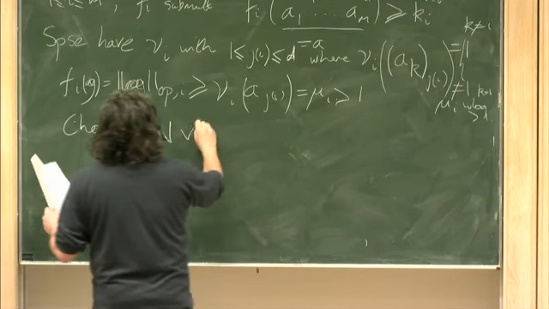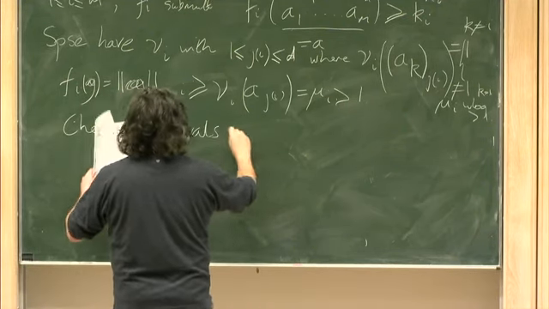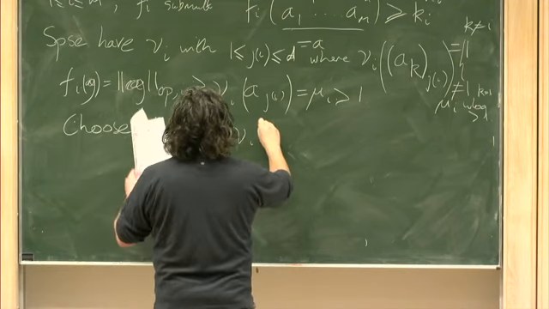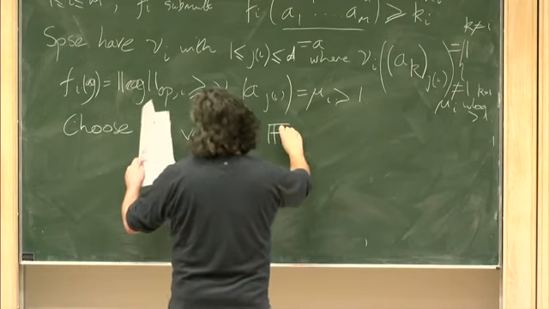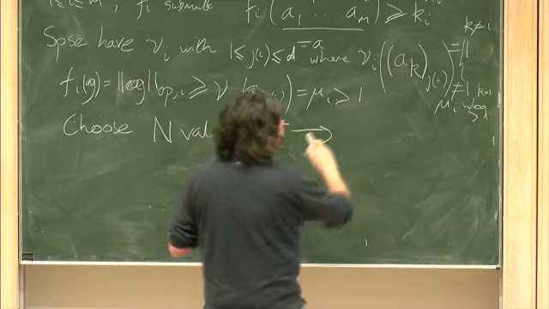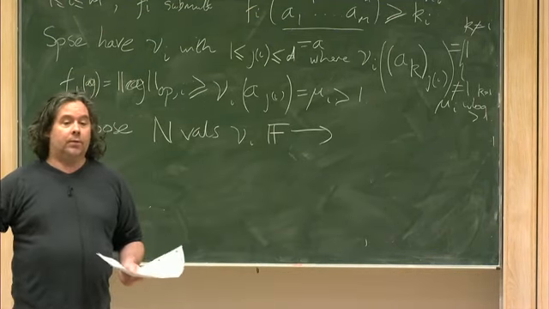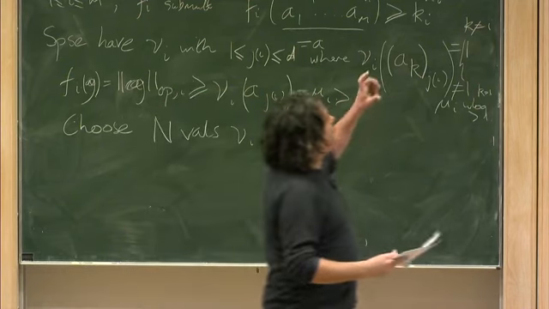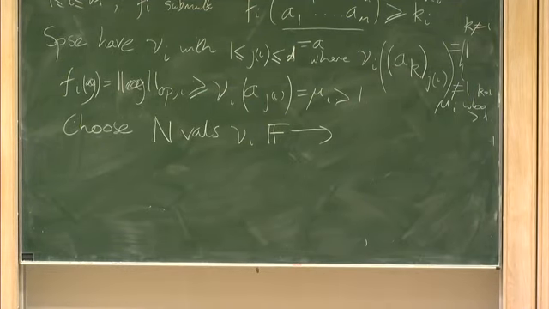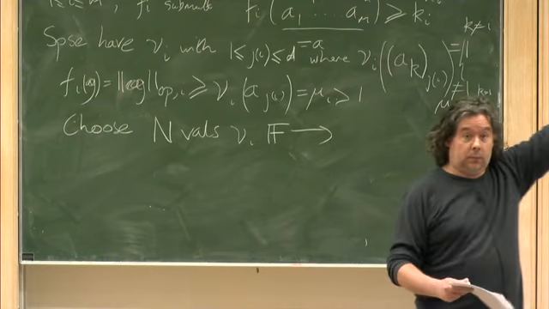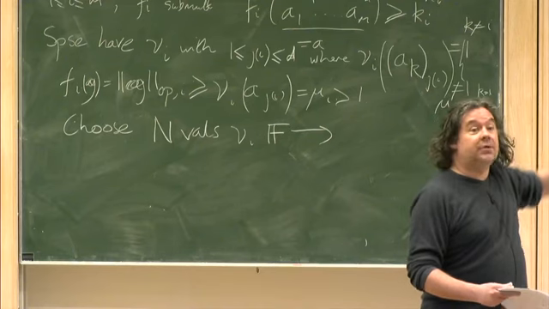So what you do is you take lots and lots of valuations, a finite number. Here's the only other place, I think, where I'm using positive characteristic: the valuations will be discrete valuations. What that says is when you take logs, you can assume that the image is actually the integers. It's just the various powers of a particular number.